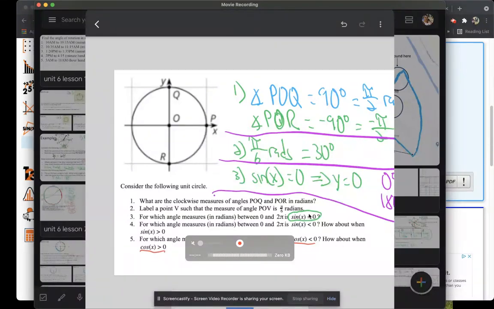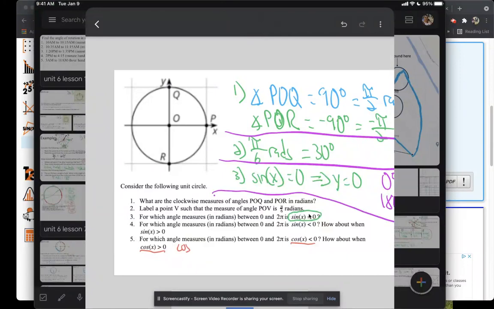We know that sine goes with y. So cosine of x being less than 0 means we want x to be less than 0. Where is x going to be less than 0? That's going to be the left half of the circle. This is where x is going to be less than 0.